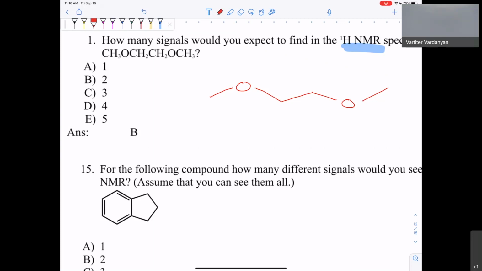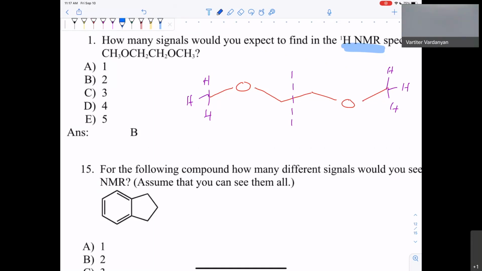Cool. Does this have a line of symmetry? Yes, it does. One person ruins it for everyone. I'm kidding. Yes. So we have a line of symmetry right down the middle. So that means these hydrogens are exactly the same as these hydrogens, yes.